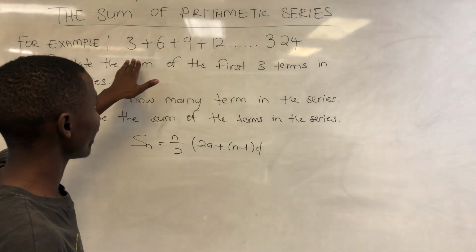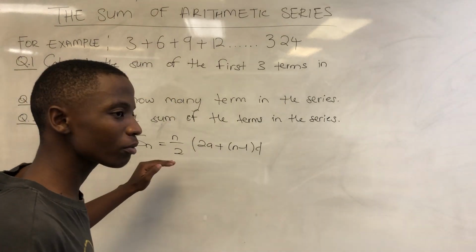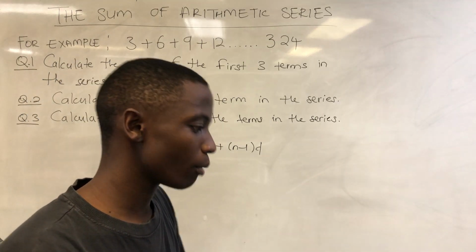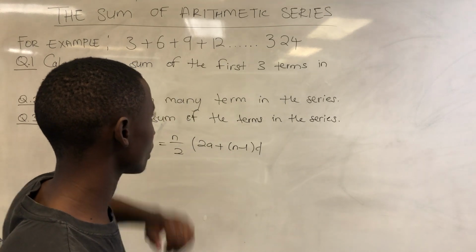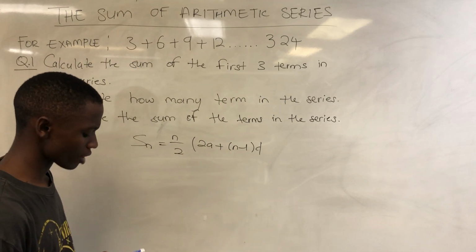I told you that it's 18, and we all calculated it, but let's prove it by applying this formula to calculate the sum of the first three terms of that series.